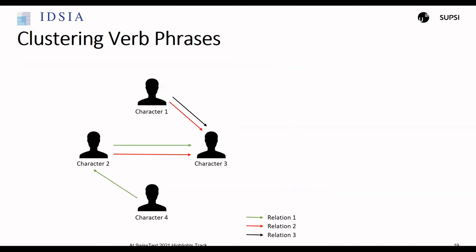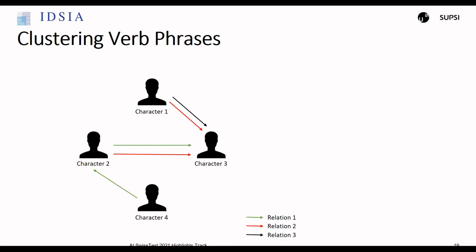So once this clustering is done, we have the generalized version of the relations, but still we don't have unique descriptors which define the relation between the characters, or we actually don't have the triplet. So we need some descriptors.